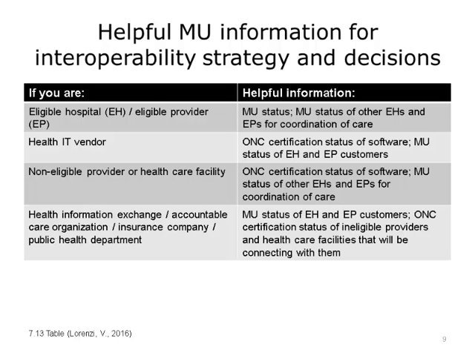In general, it is helpful to know the MU status and ONC certification status of your organization and other stakeholders in coordination of care. Then you can use this information in making interoperability decisions. Note that knowing the MIPS or merit-based incentive payment system status of a clinician is also helpful.